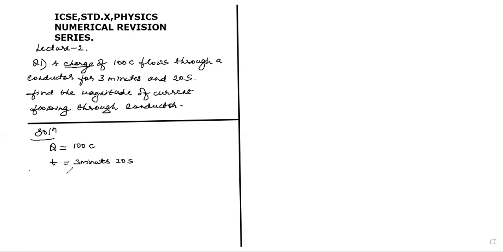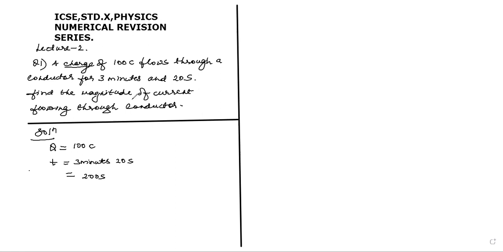Minute is not an SI unit, so I will convert the minutes. 3 minutes is 3 into 60, 180 seconds. 180 plus 20, 200 seconds. This is totally 200 seconds.